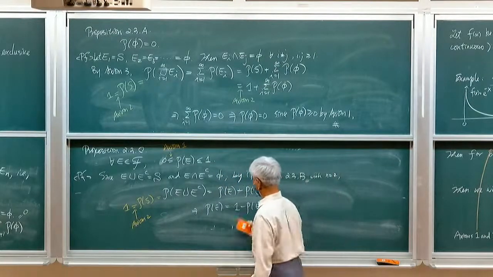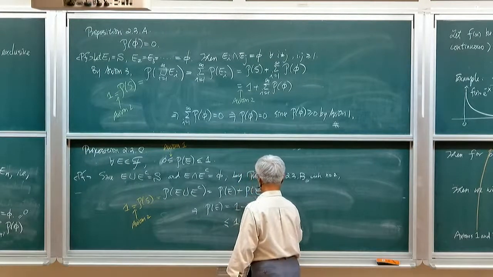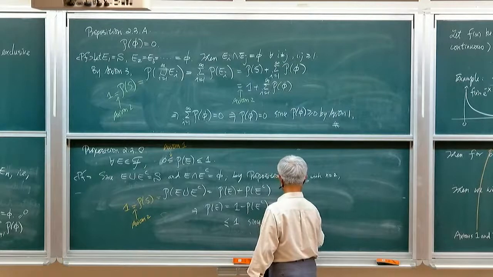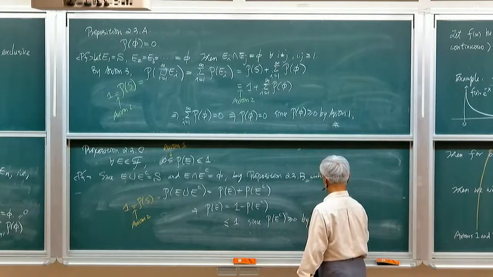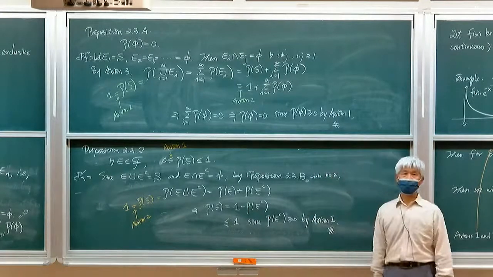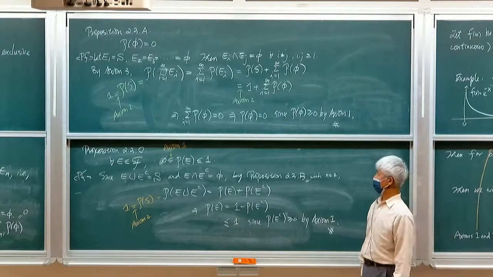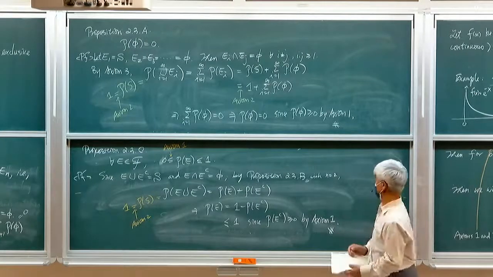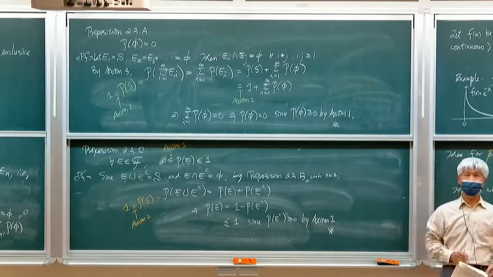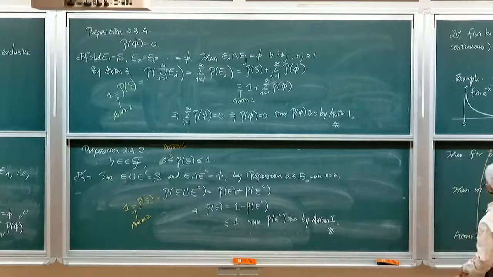And this is less than or equal to 1, since the probability of E complement is greater than or equal to 0 by axiom number 1. And we have done. Questions? Okay, no question, good.